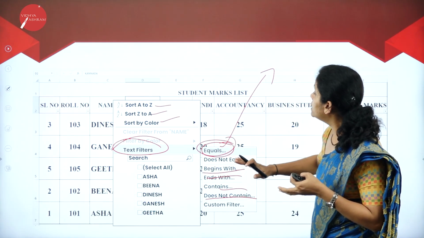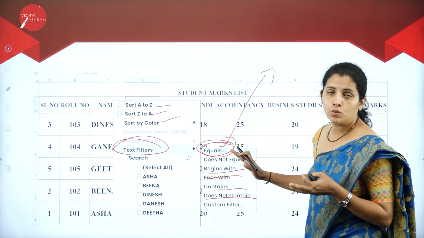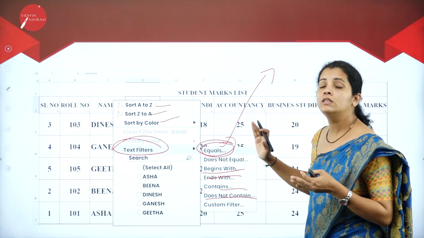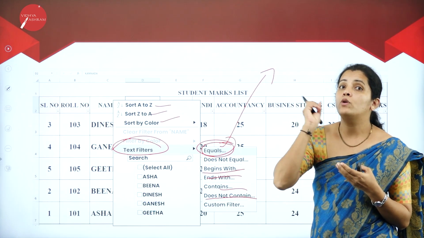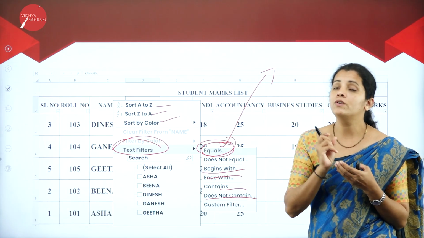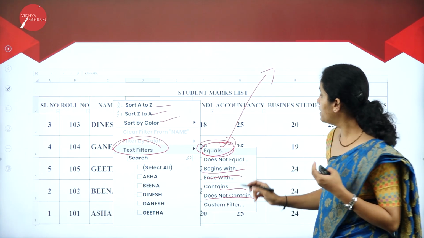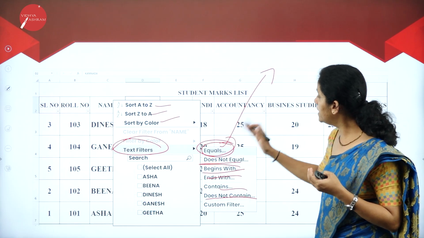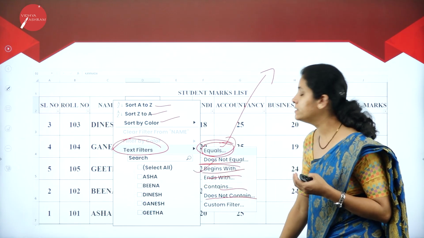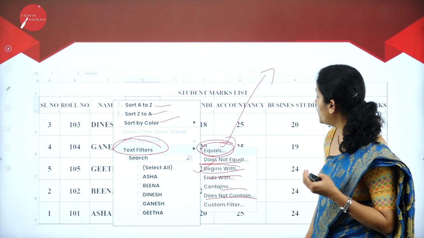And what is does not equal? That means if I want to display unique values, that means I want to avoid duplication of values, at that time I am able to use does not equal. Then I'm going to have the option that is begins with.